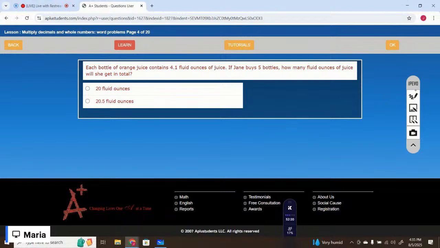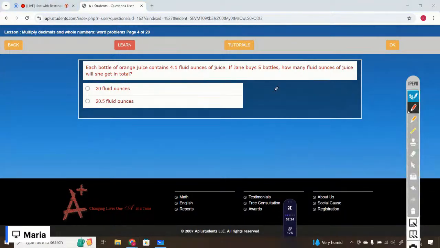Each bottle of orange juice contains 4.1 fluid ounces of juice. If Jane buys 5 bottles, how many fluid ounces will she get in total? 5 times 1 is 5 and 5 times 4 is 20.